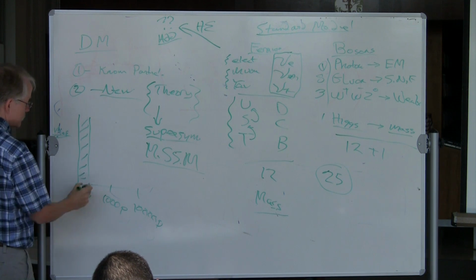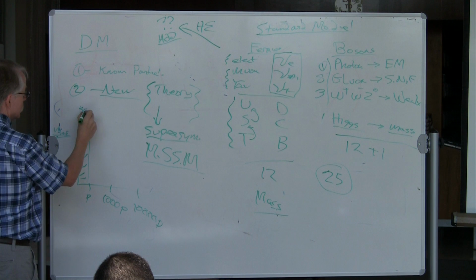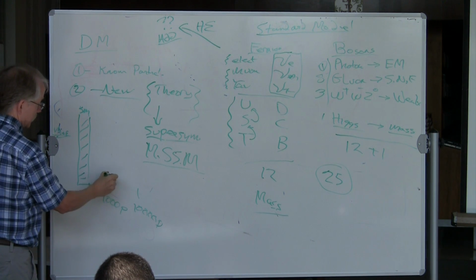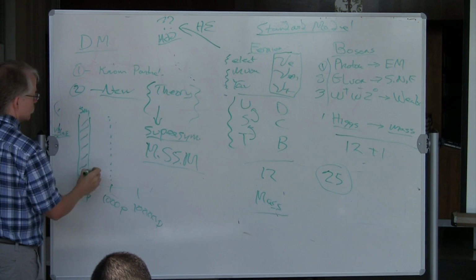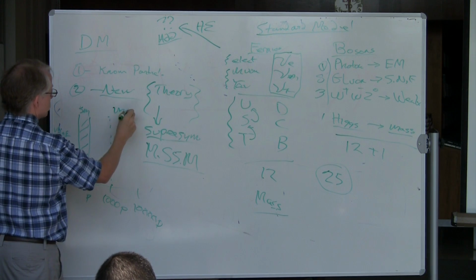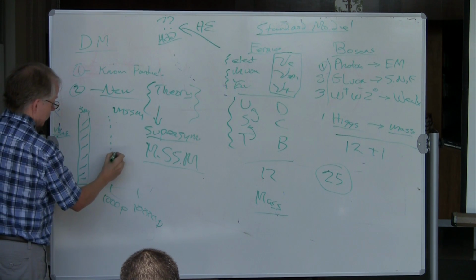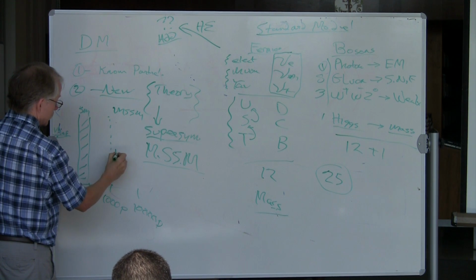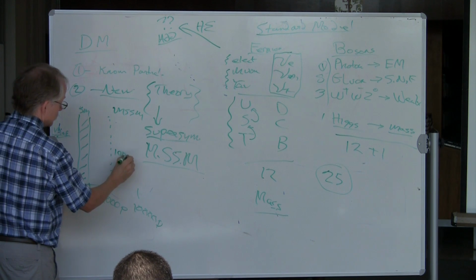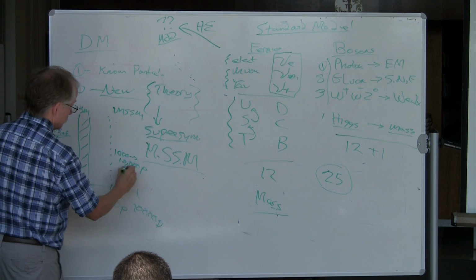Up to about the mass of the proton, we know what the particles are and the forces, and this is the Standard Model. At about 1,000 times the mass of a proton and higher, the only good candidate is called MSSM. And that predicts that there should be particles that have masses between 1,000 to 10,000 times the mass of a proton.